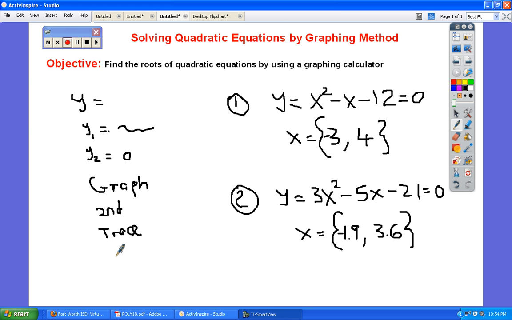Then you're going to hit 5, which is your intersection. Then you're going to hit enter 3 times.